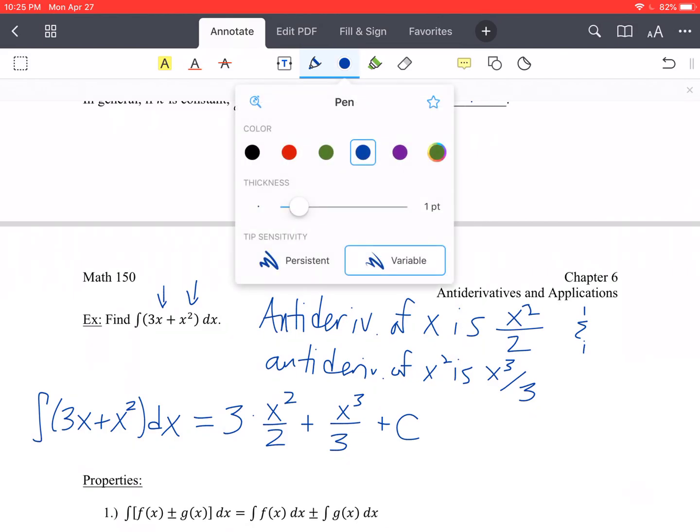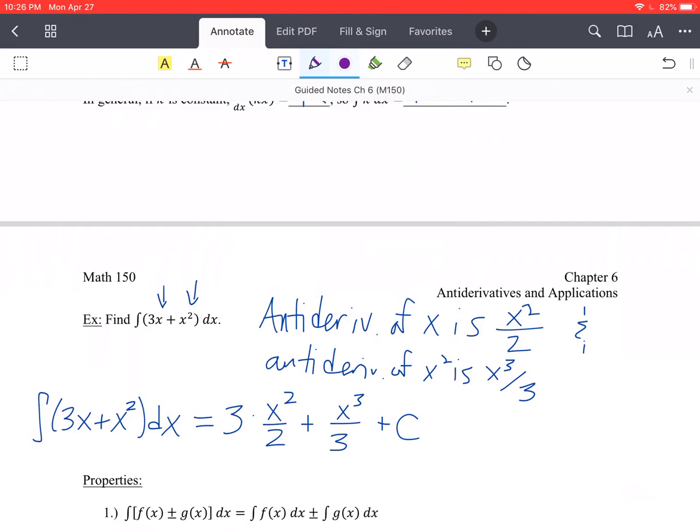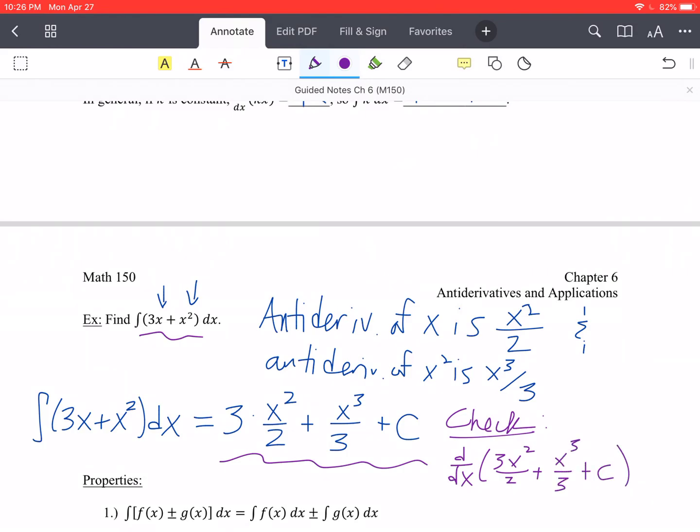With these antiderivative problems, it's always a good idea to check. Just make sure that when you take the derivative of your answer, it gets you back to where you started, to that original function. So let's just take the derivative real quick of 3x squared over 2 plus x cubed over 3 plus c.